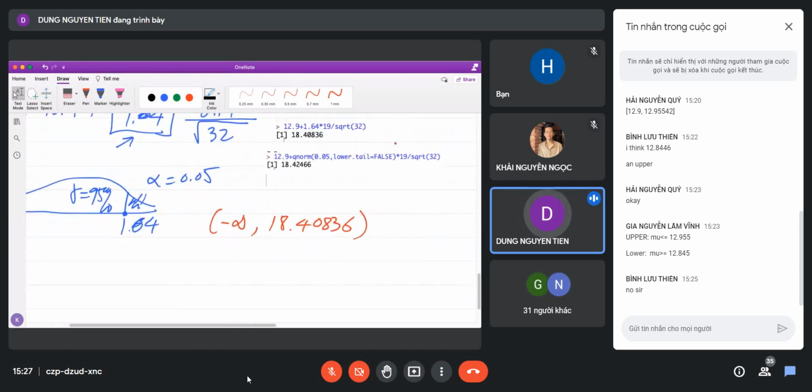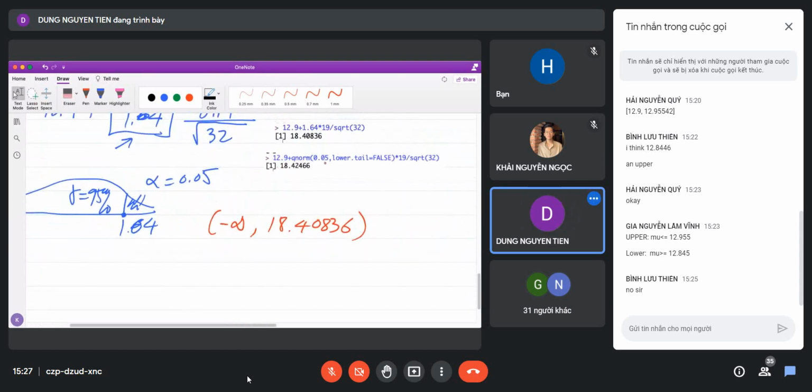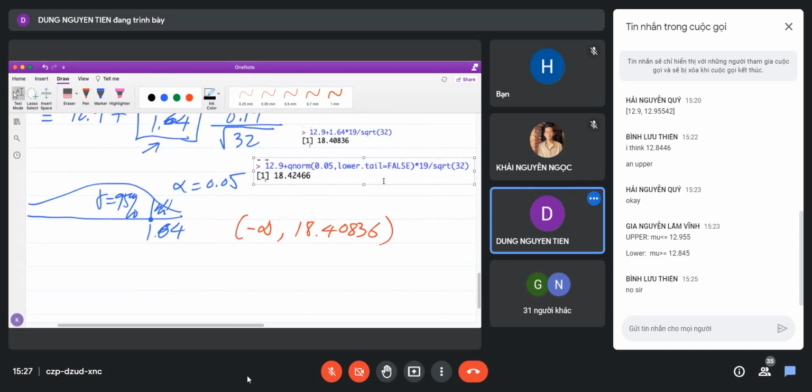Okay, so this is the one I get if I use the software. All right, makes sense? Is that all clear? Yes, sir.